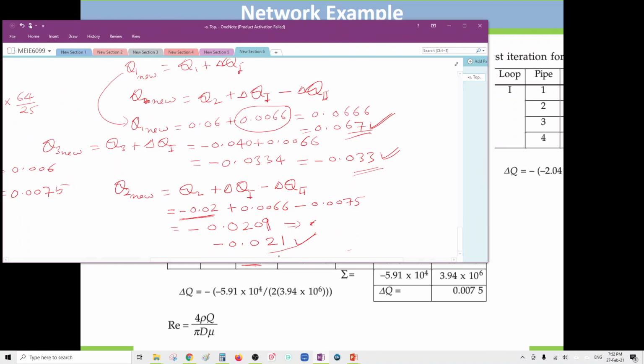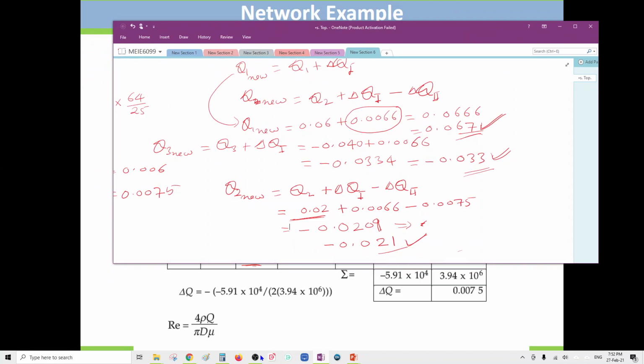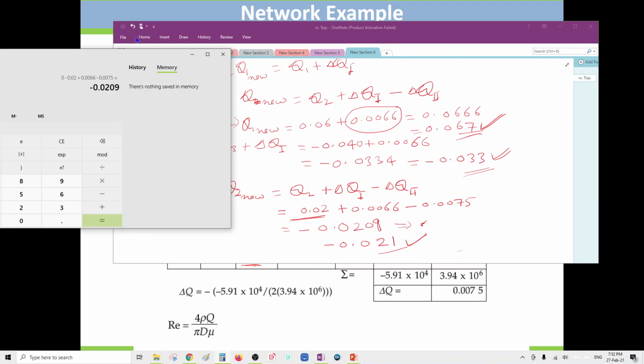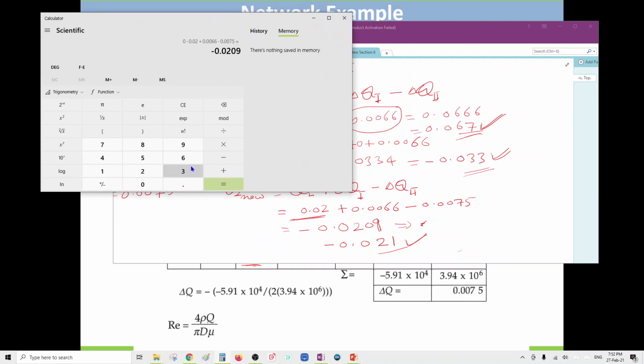So what is the correct value? This is the correct value, the same value. The only thing is that we need to take it positive. So when we take it positive and then calculate again, this is 0.02 plus 0.0066 and then minus 0.0075.